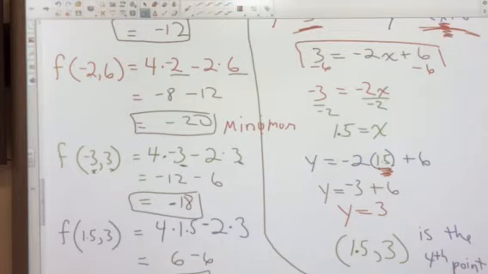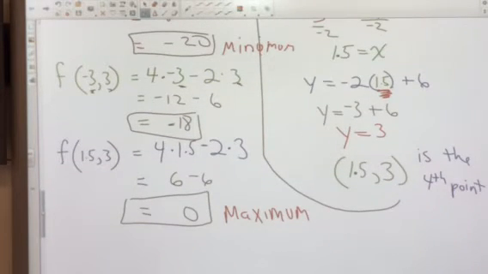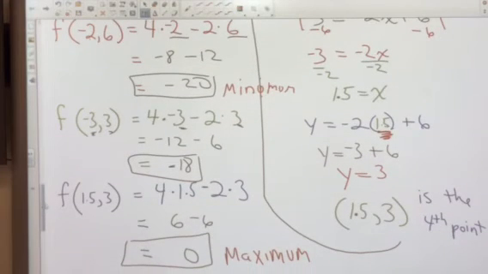So the way you would write the answer is: minimum at negative 2, 6.